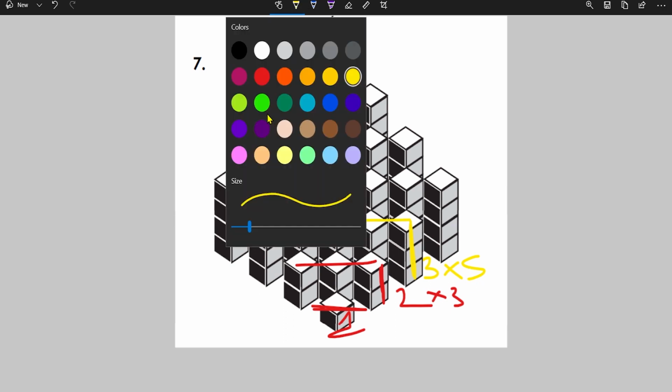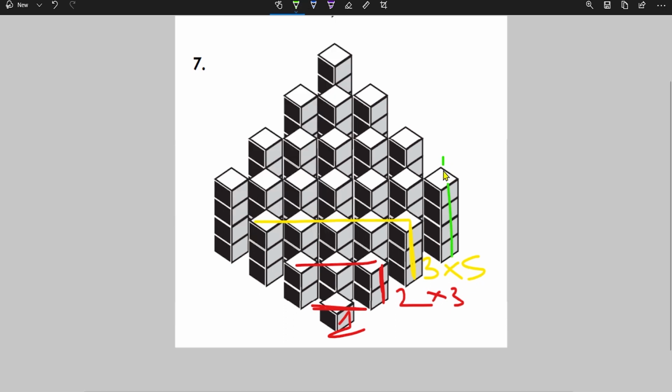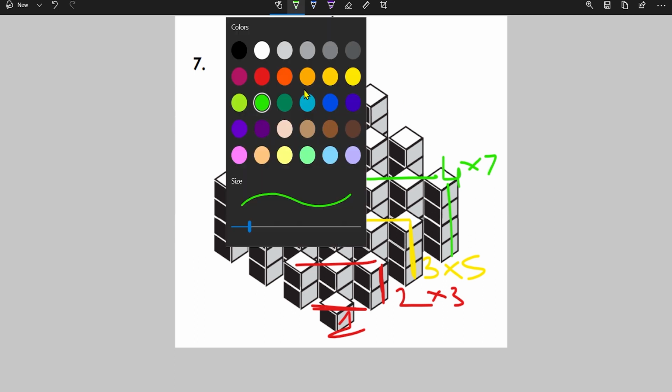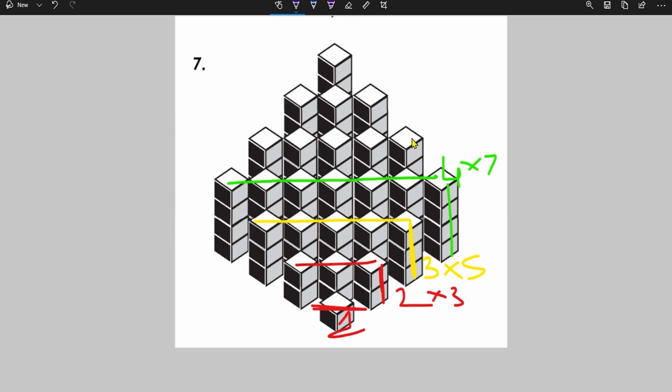Then you have here 4 blocks and you have 1, 2, 3, 4, 5, 6, 7 of them. So 4 into 7 you'll have to do. Then 5 blocks into 1, 2, 3, 4, 5, 5 into 5. And then finally back again, 6 blocks into 3.